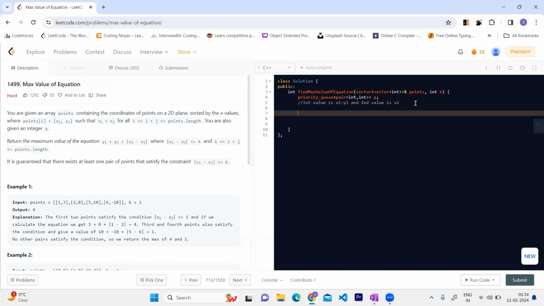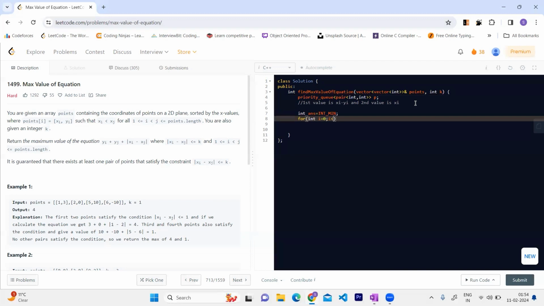Remember, guys, all the values will be sorted according to this value, which is xi minus yi, right? So now after this, we'll have something answer, which will store the minimum value, right? So now we just need to iterate over the entire array points, i less than size, i plus plus.